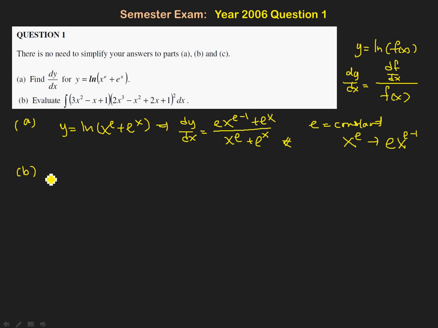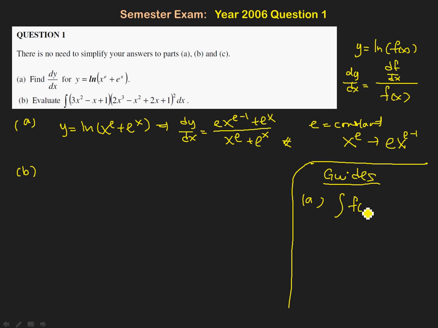Now part B, substitution is required. If you're very skillful, you can actually integrate it directly. But before we integrate, I will talk about some guidelines on substitutions. If you see integrating f(x) with an e^(a(x)), it's probably a good idea to substitute this a(x) by u, whenever it is in the exponent.